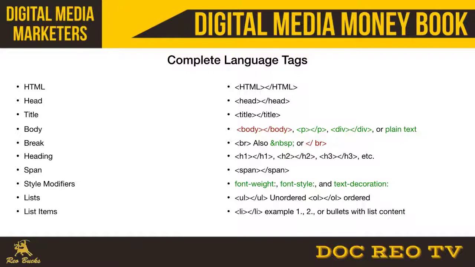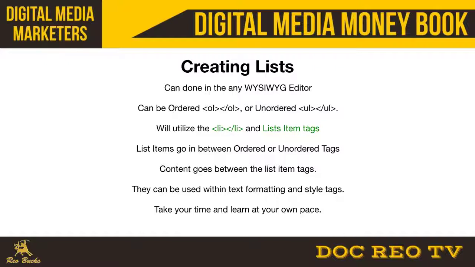So list is what we dealt with today, and that's unordered list or ordered list, OL and UL open and close. And within those lists, you have list items, open and close LI, which, for example, are like 1, 2, or bullets, or the content within the list. All right. Now, creating lists can be done with any WYSIWYG editor, as an ordered or unordered list, which means open and close OL or open and close UL.